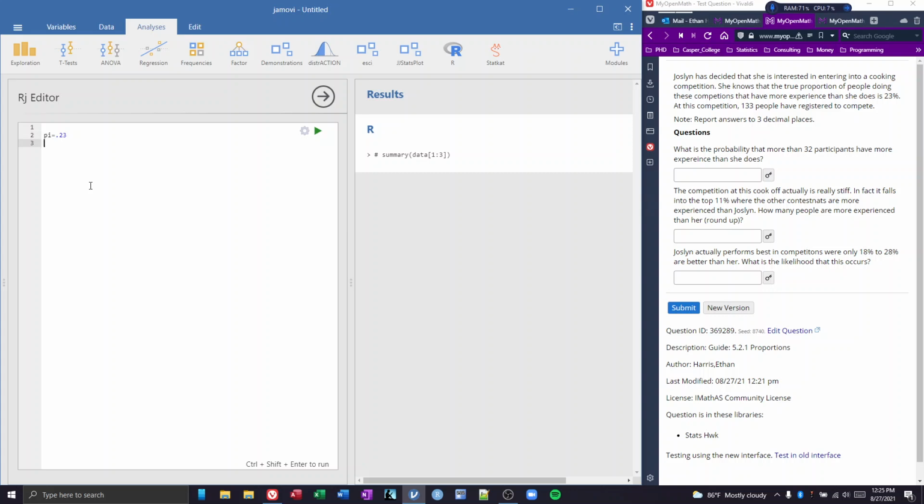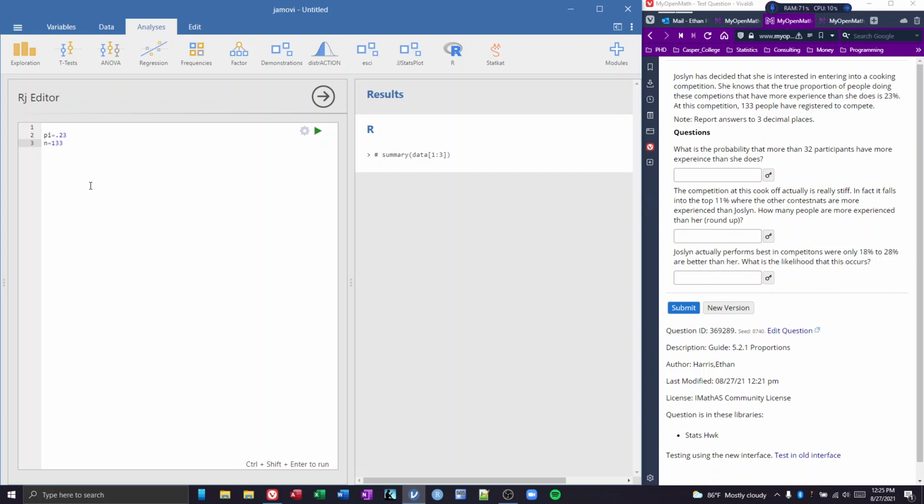And then she knows that in this particular competition, the sample size n is 133. So 133 random people from all of the cooks or chefs who enter into these competitions. 23% of them have more experience than she does, and there are 133 who are in this particular competition.